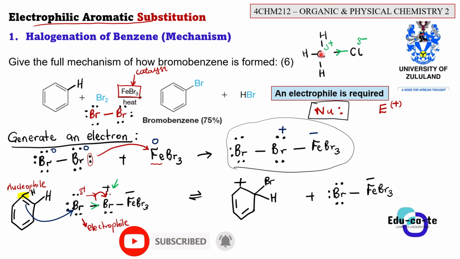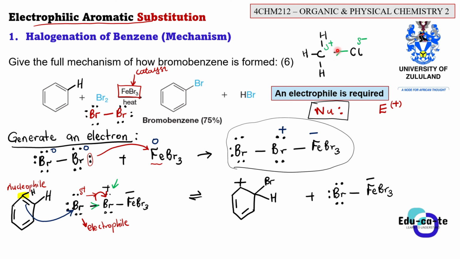This carbon had 4 bonds at first, but one of these bonds was broken, and the electrons of that bond formed a bond with this bromine, which was an electrophile. So this carbon will remain positively charged. And is that fine for us to have? No, it's not fine.